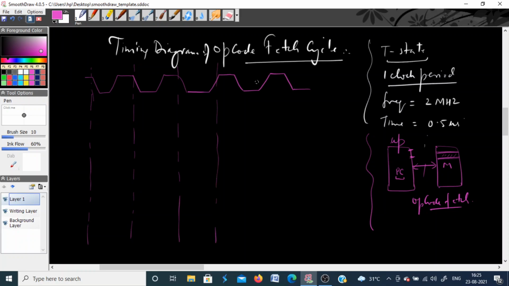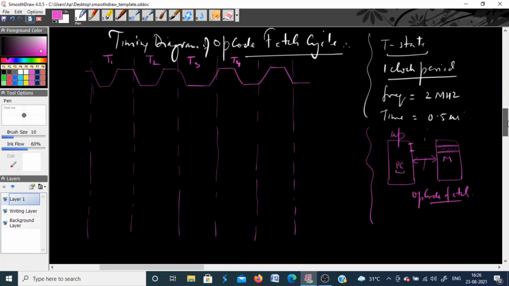This is another, and so on. So there are different clock cycles. You will see how many clock cycles will be required to execute this opcode fetch. This is one T state or one clock cycle, T1. This is another, T2, T3, T4, and so on. Now, what are the control signals which are generated by the processor to execute this instruction? First we will see that.